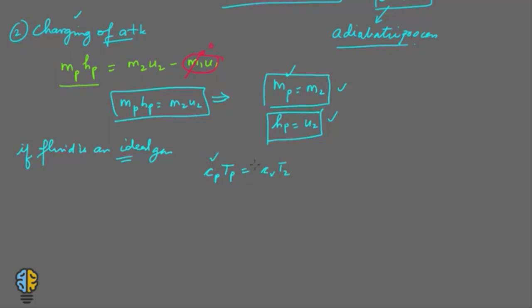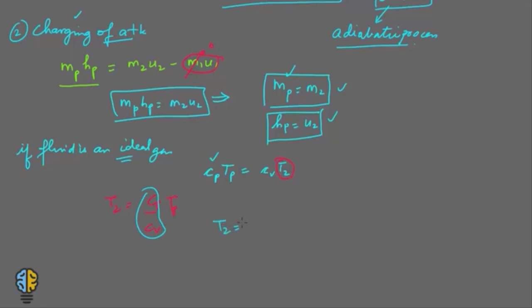Now if you look at this, the value of T2 is to be found out because this is the temperature of the tank after filling up or after charging, and this would be T2 is equal to Cp by Cv into Tp, where Cp by Cv is nothing but gamma.